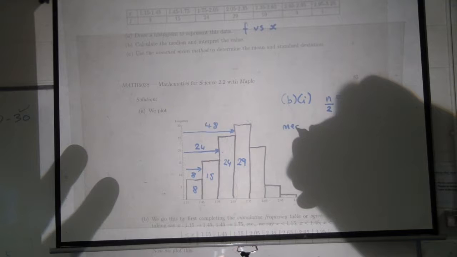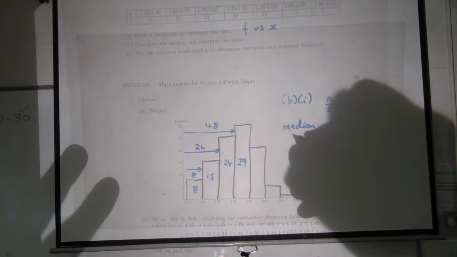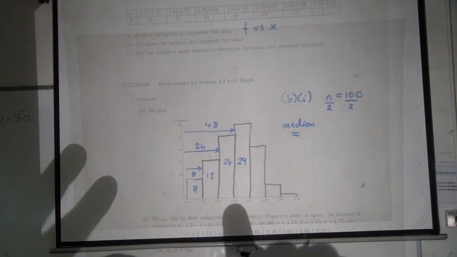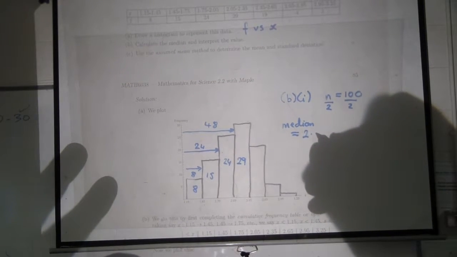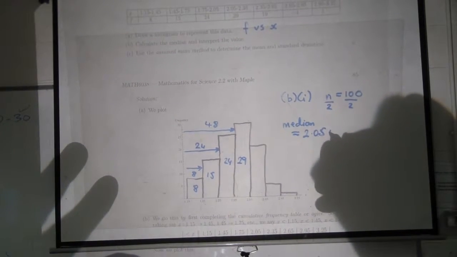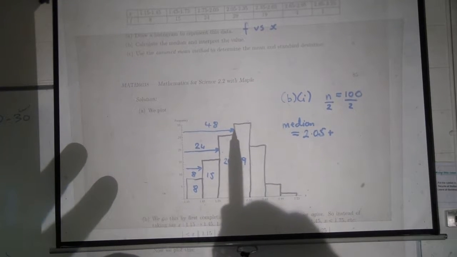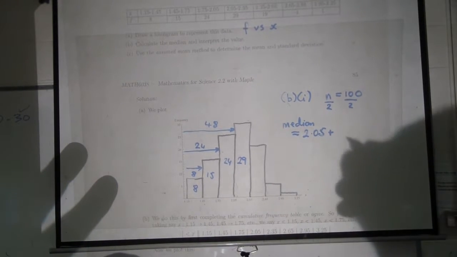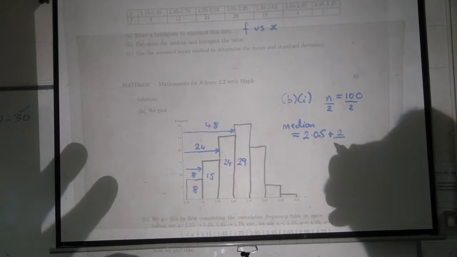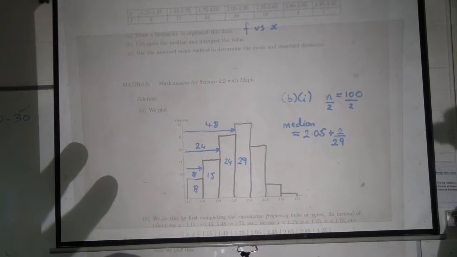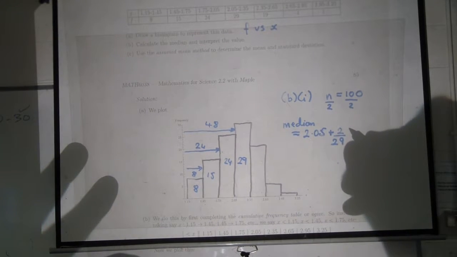Median is equal to the 2.05, so it's going to be bigger than that, plus a certain fraction. You want to take 2 out of the 29 of the distance across. What's the distance across? 0.3.